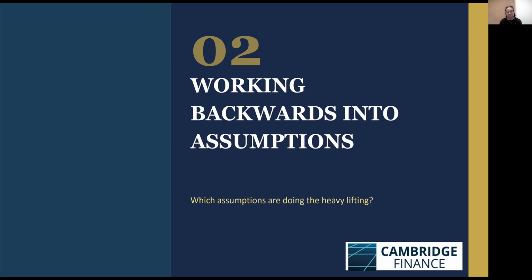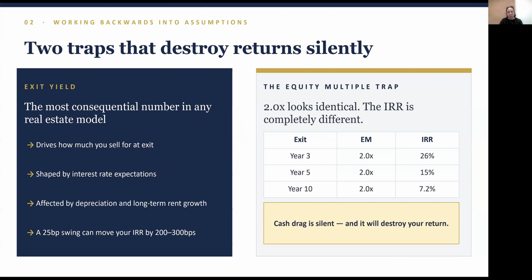What are you going to do in case there is a shortfall in capital, in case interest rates go up, in case yields soften, in case rents don't grow as much as you have underwritten in your model? So you need to work backwards and see where the problem may lie in the future.